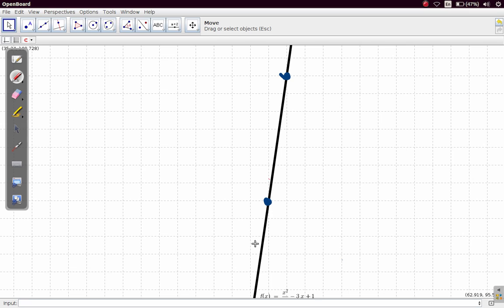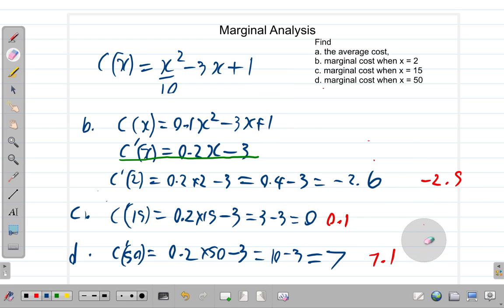First of all, you see that the line is quite steep here. That's why you get 7 point something as a gradient. But at 51, you would have a higher gradient. If you find the value at 51 and then 50 and find the line that cuts through them, the gradient would be higher than the derivative at exactly 50.